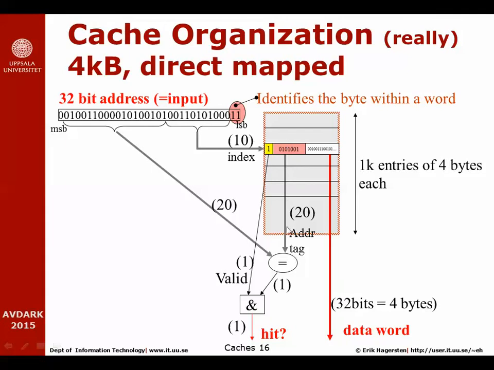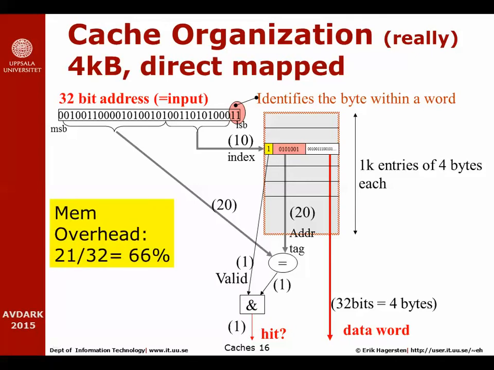So only 20 bits stored here compared with the 20 bits of the address we access. And then we have a valid bit. This bit just says that this place in the cache has been initialized at all. So we make sure that that bit is set. If this comparison, 20 bits compared with 20 bits, is true, and the valid bit is set, then we're going to produce the single hit signal we need as an output, and the data stored in that location, that word of 4 bytes, we're going to send back to the processor.